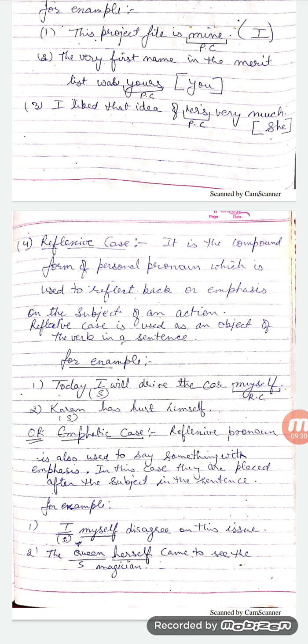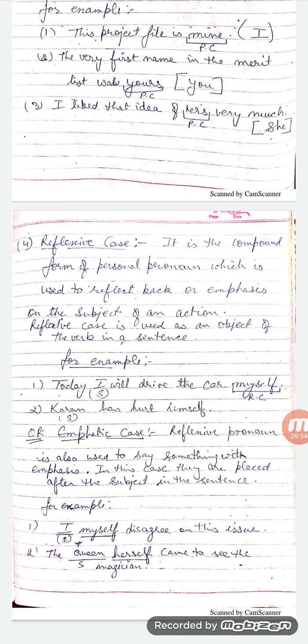That is, if in a sentence we use a personal pronoun to reflect back to the subject, then the form of pronoun which we are using is the reflexive pronoun. For example, today I will drive the car myself.